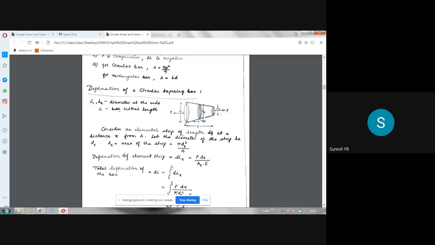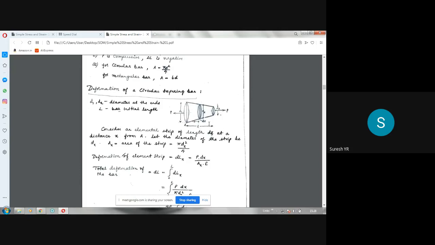And I have taken a section here at a distance X from the beginning. There the diameter I have taken as d suffix x. This small dx is the elemental length.